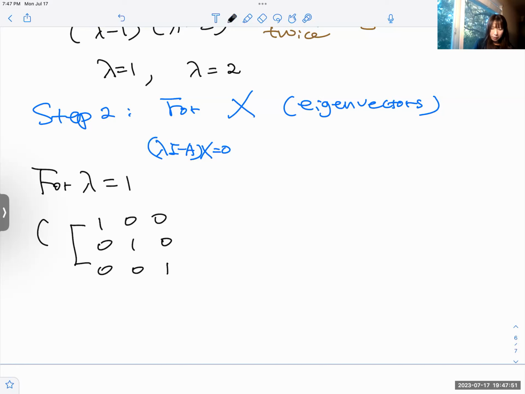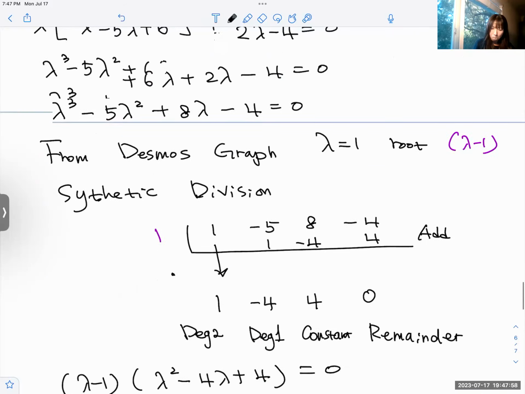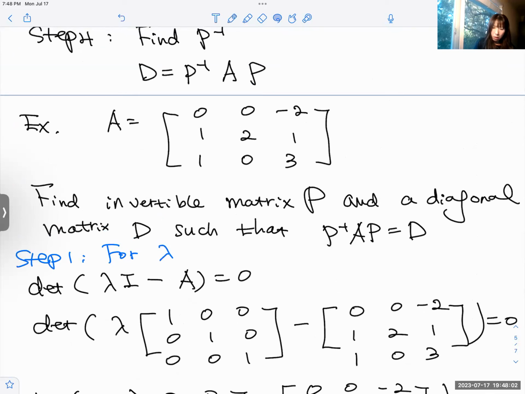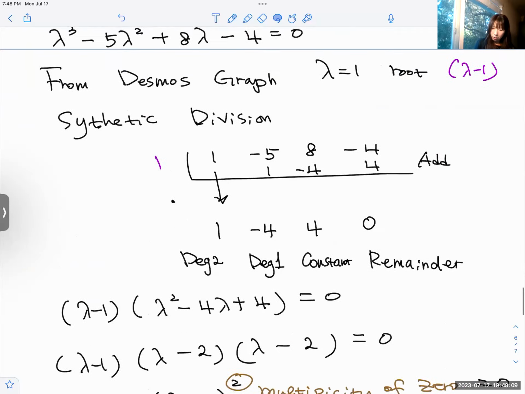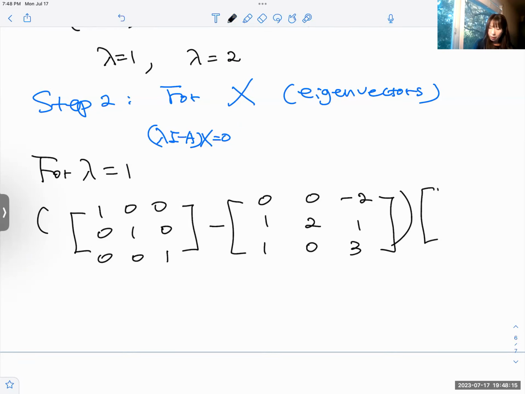M minus A. Copy A. Okay, then we make x of 1, x of 2, x of 3 equal to 0 0 0.